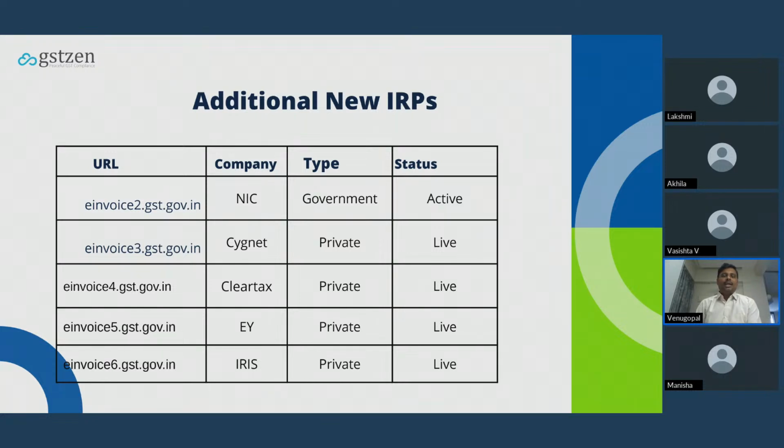I'm not sure how many of you are aware, on 31st December, a month back, around 8 p.m. in the evening, the e-invoice 1 portal went down. Technically, I don't know the reasons, but it went down. Many people were unable to generate e-invoices, as people had got used to generating e-invoices with one system.